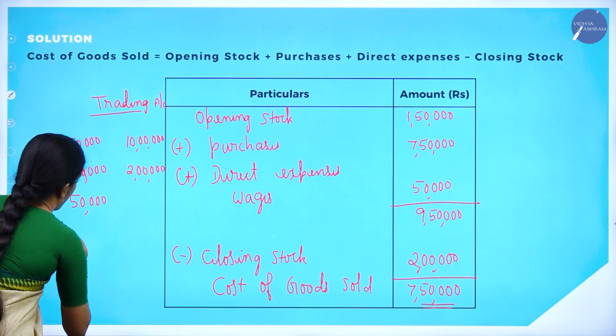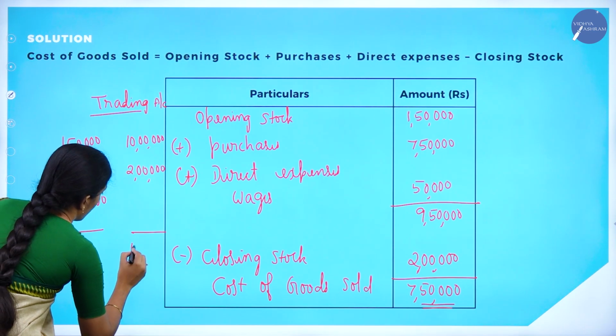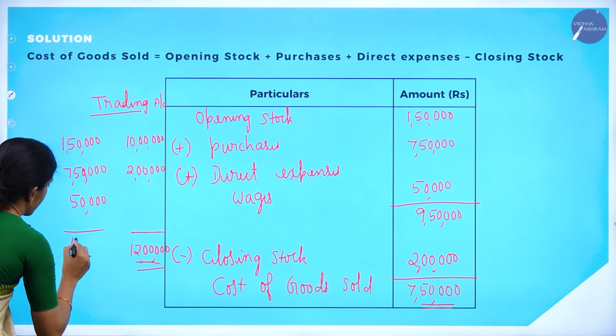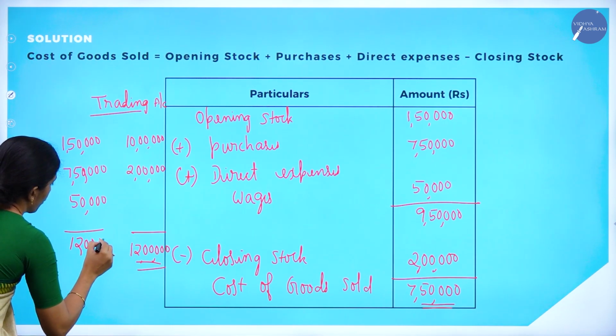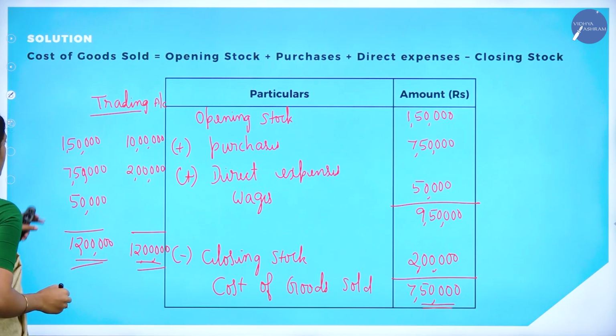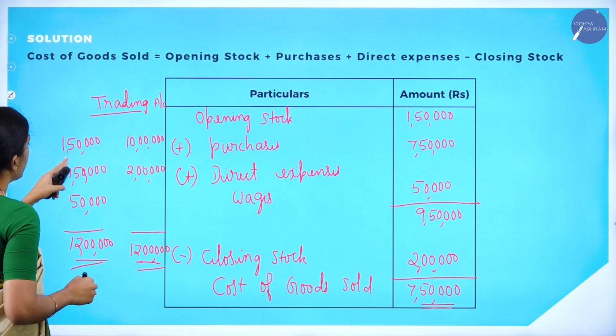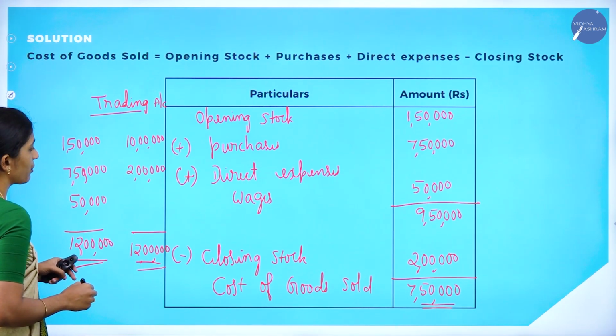So overall, total of both the sides is how much? 12 lakh. But the debit side is less. So 12 lakh minus 1,50,000 plus 7,50,000, that is 8 lakh, 9 lakh, 9,50,000.